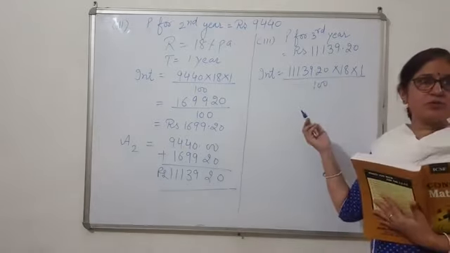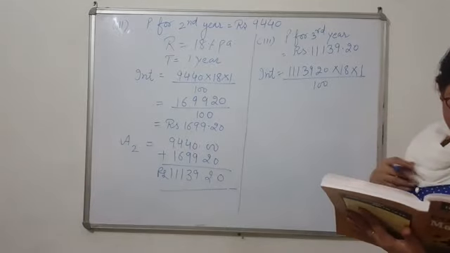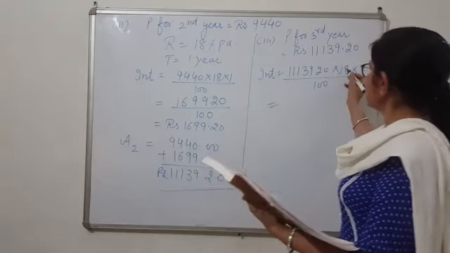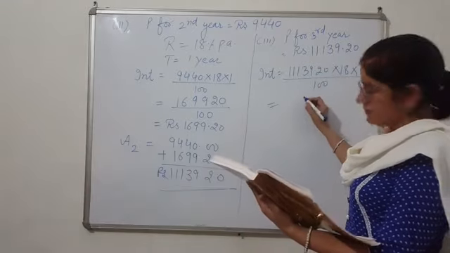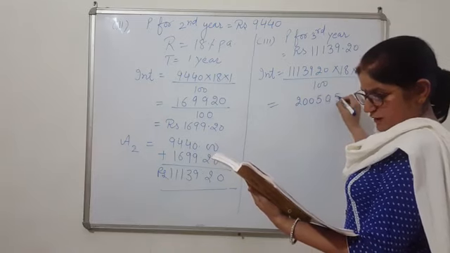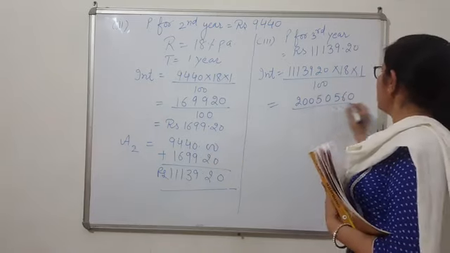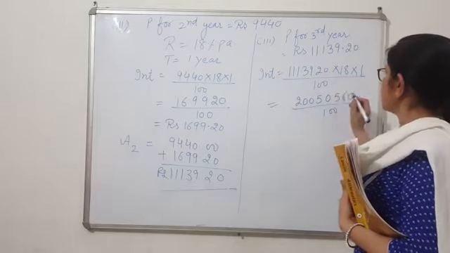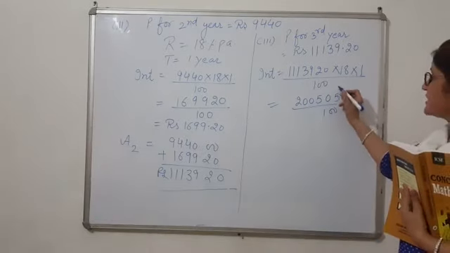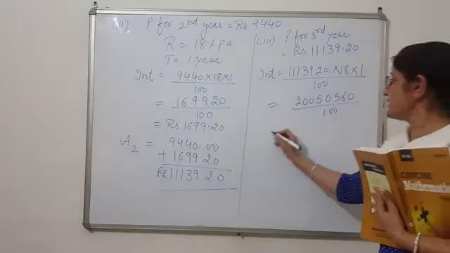So you can reduce or you can multiply them. When you will multiply these two numbers, what you will get? You will get 20050560 upon 100, and this decimal was also there. So now 2 more zeros we are having. So this decimal will shift 2 more digits this side.